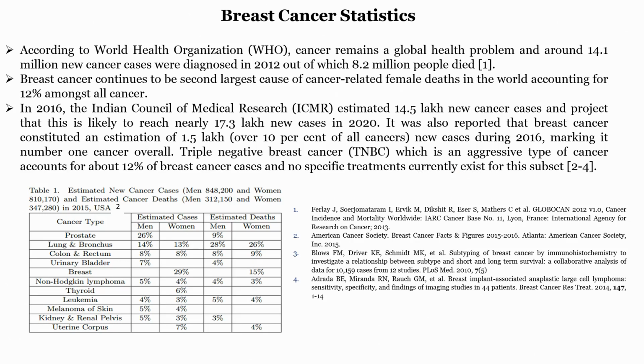Now, there are several biomarkers. One is called estrogen, another is called progesterone, another is called HER2. So, there are several biomarkers present when a tissue is cancerous. If all three biomarkers are absent, it is called triple negative.